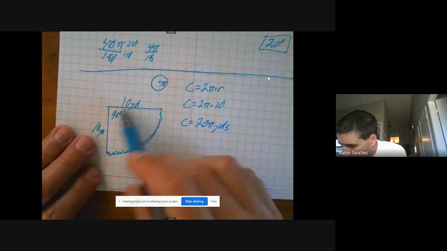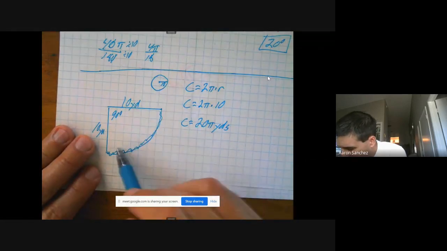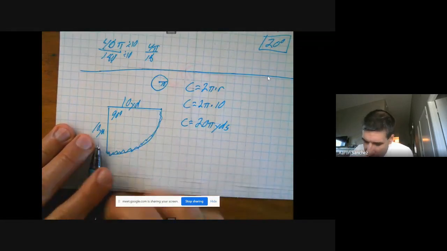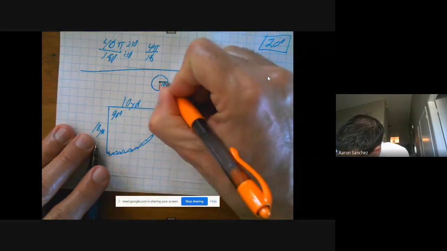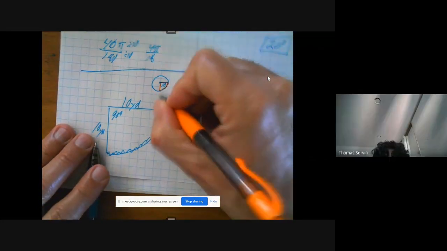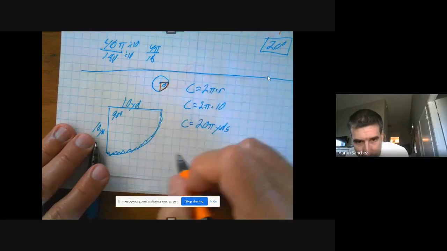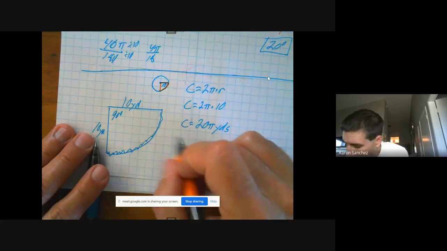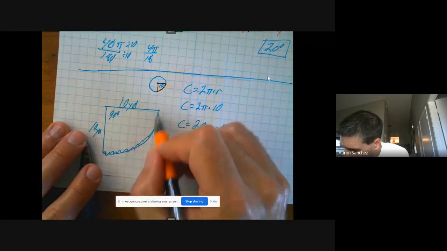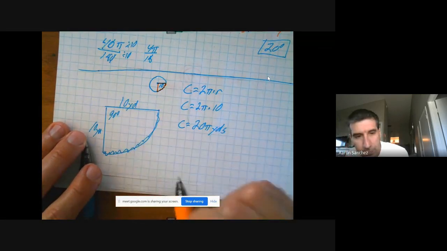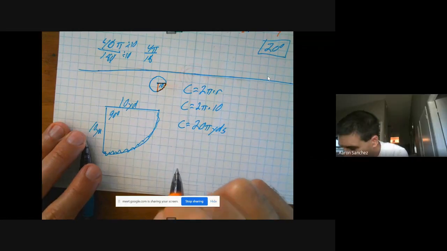Okay, do you know that this is a miniature version of this? So if I was to take this out, this would be like a little version of it. Can you see that? Yeah. Like I zoomed in and I zoomed that out? Yeah. Right? Do you remember if this is 90 degrees, what fraction of a circle would this be? 1/4 of the circle. Yes.